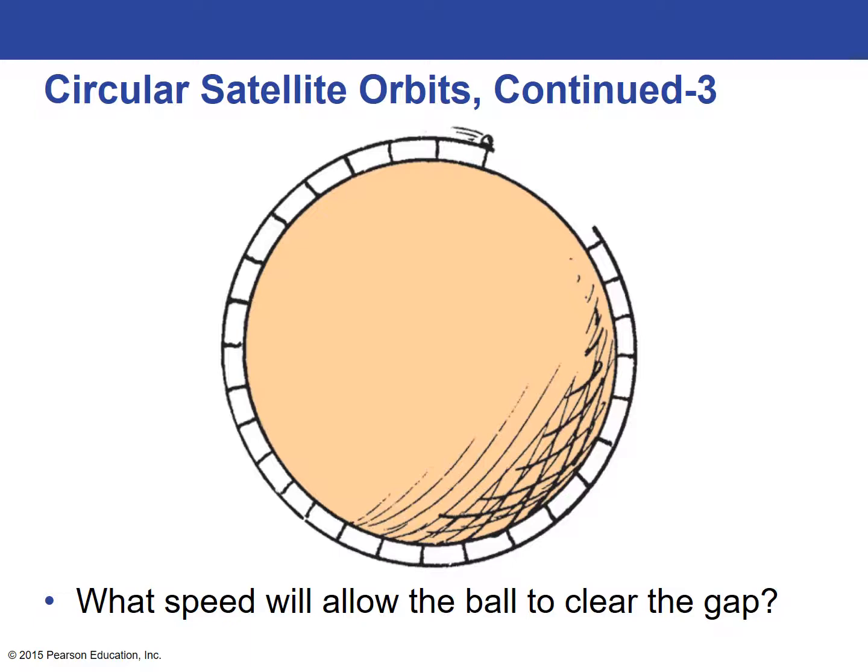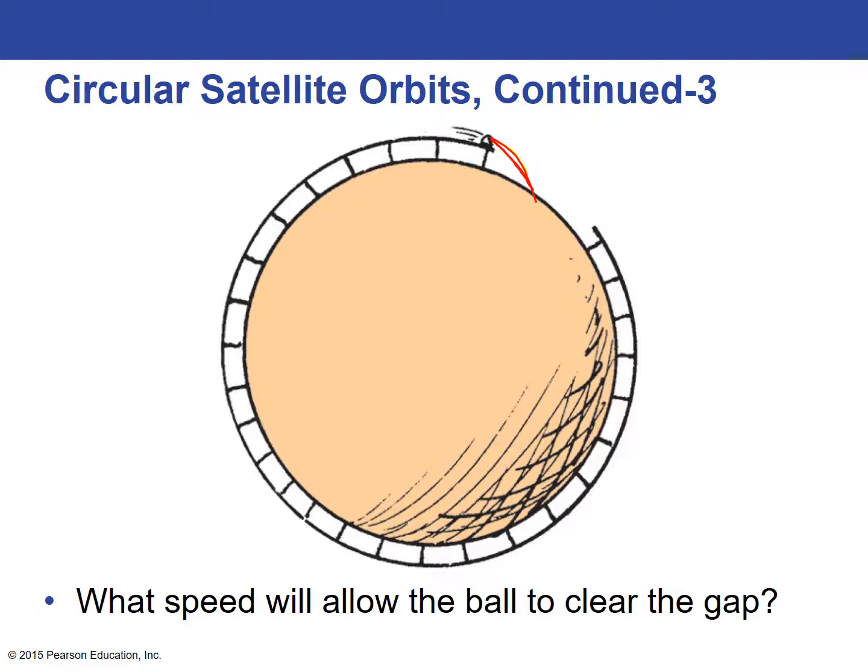Well, if our bowling ball were to fall off the gap, now it looks like our projectile. Now it looks like the car driving off the cliff. And what is happening to the speed?